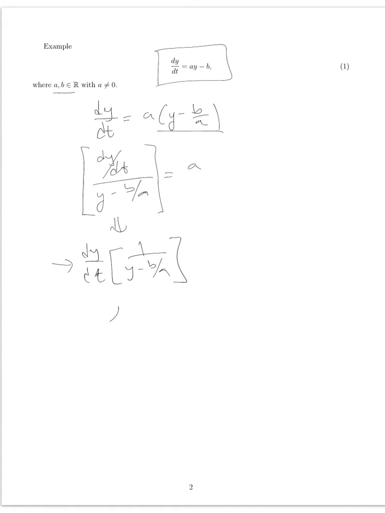So the antiderivative of that guy is natural log of y minus b over a.